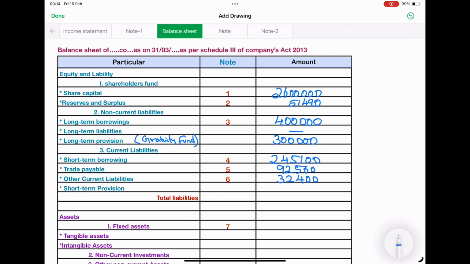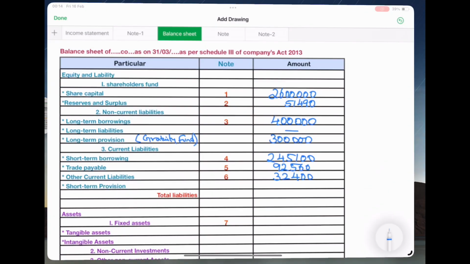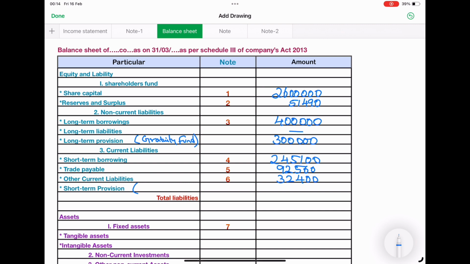Okay, yes, see, we have written this, right? Capital finished, reserves, debentures finished, bank OD. Yes, here proposed dividend is short term provisions, this one we have to write now. Okay, short term provisions 82,000. So here I'll write it as proposed dividend 82,000.